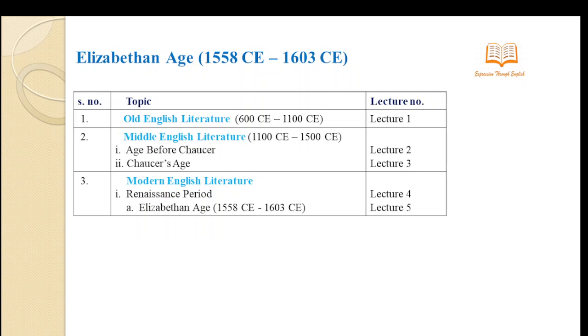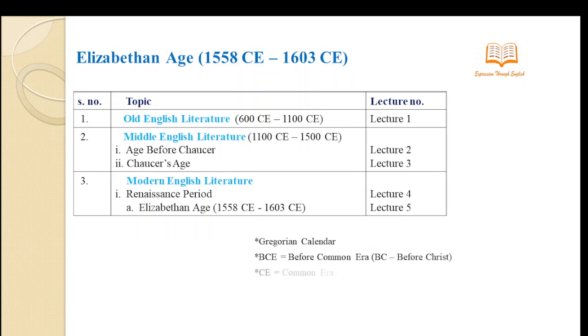In the Elizabethan Age, as it is mentioned over here, it began in 1558 Common Era, and it finished in 1603, right? So this CE actually means the Gregorian calendar.